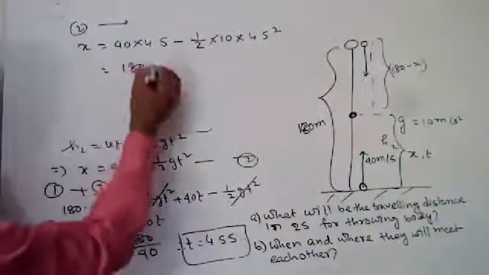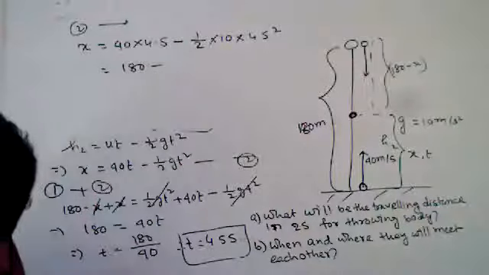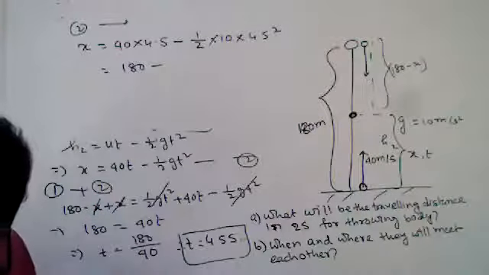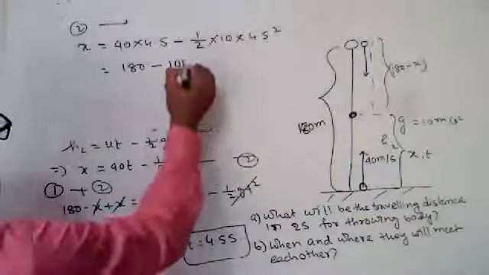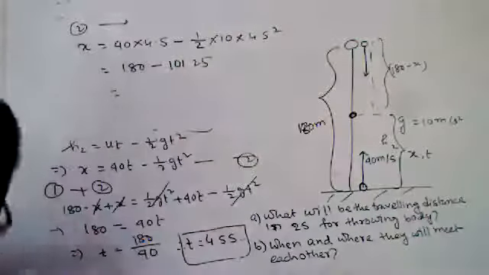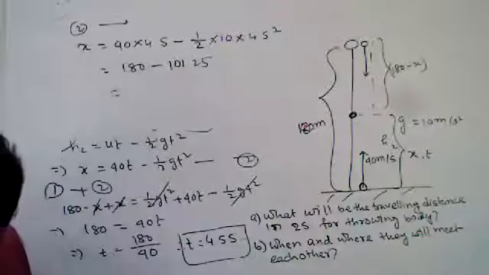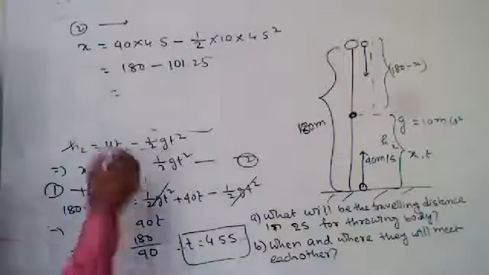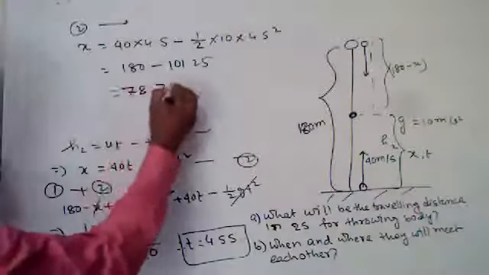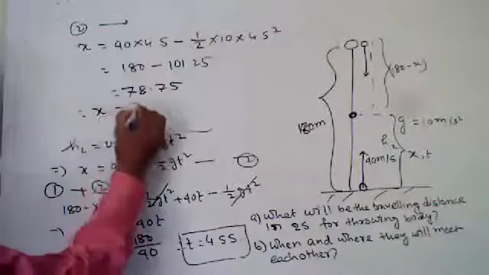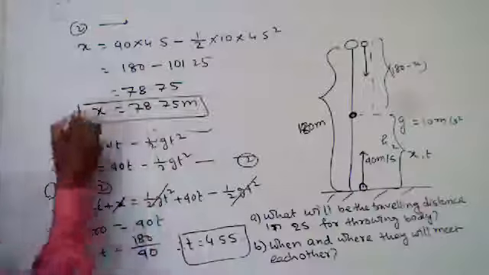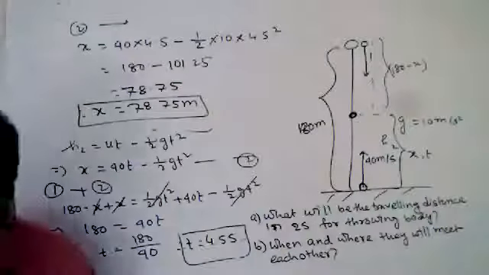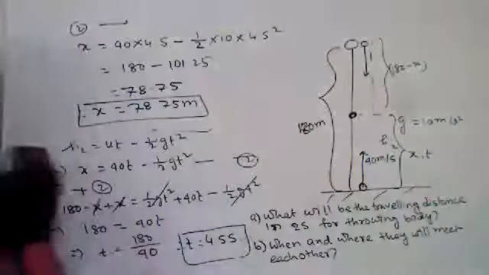So it is 180 minus 4.5 square into 5, 101.25. So it will be 78.75. So x equals 78.75 meter. At 78.75 meter height from the ground, they will meet each other.